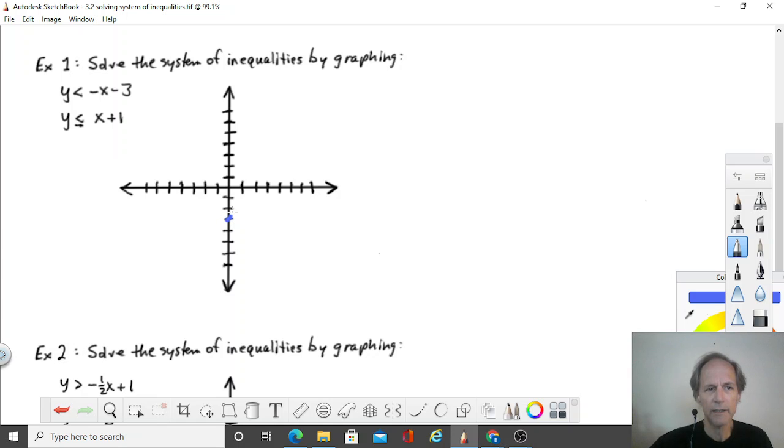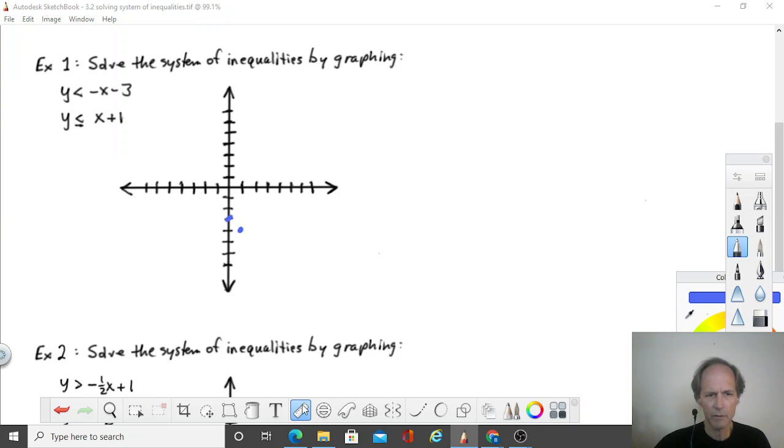We can mark that there. And the slope is negative 1, so rise over run is negative 1. We could take negative rise and positive run. I have one each, and it would go right there. And we're going to graph that with a dashed line.